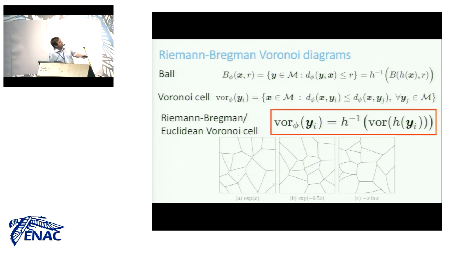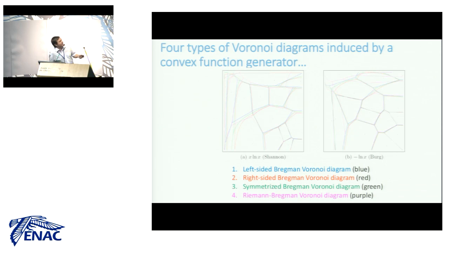And here you have some examples, depending on the generator that you choose, of these Bregman-Riemann Voronoi diagrams here. Okay, so basically, if I give you one potential function that is a convex function, for example, here, what I can do is plot the partition of space induced by dual Bregman divergences and also by the Bregman-Riemann distances. So you have this color code here to show how the proximity and the Voronoi cells change according to the chosen distance.